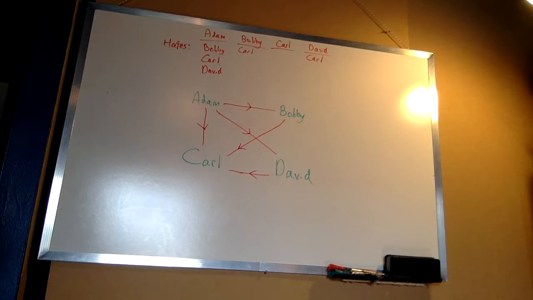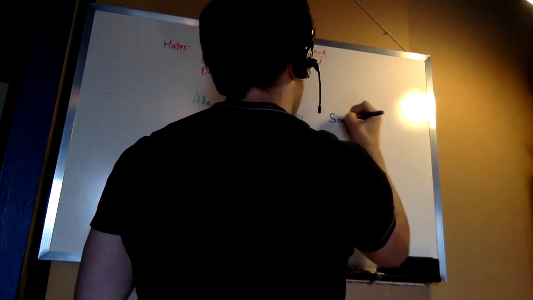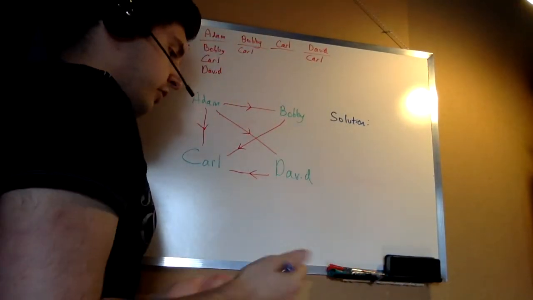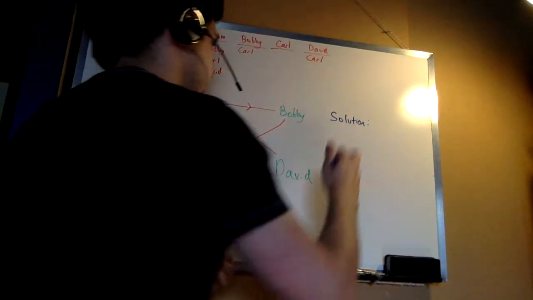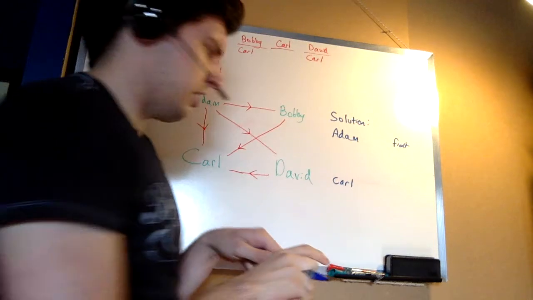So here's our solution. Remember, this solution is just for this one example. It's not a generalized one that actually answers the problem. So we have Adam. This is the front, by the way. And then we know Carl needs to be at the back. Let's make that a bit bigger, just to be easier to read.